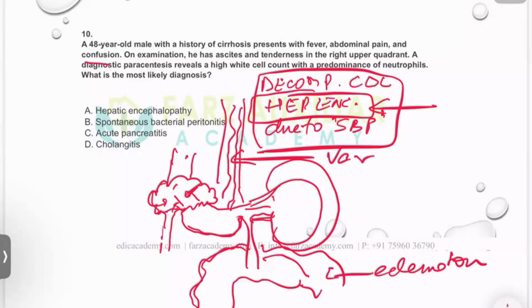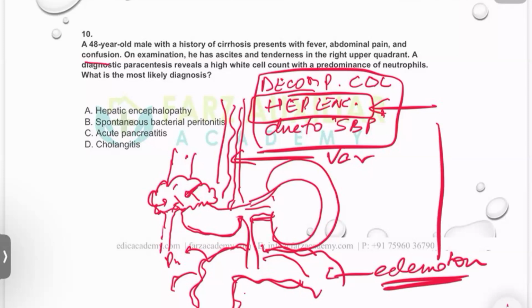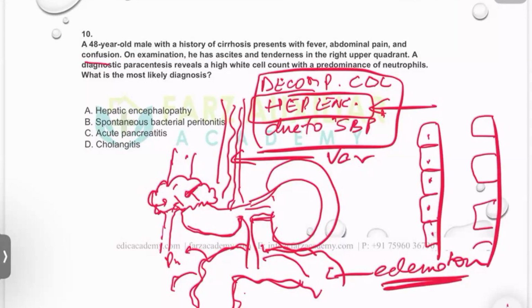This is why the oozing of protein happens. This is why the colon is always edematous, and we know this is the cellular basement membrane barrier. So when there is edema, this becomes like this. And what will happen is bacteria will translocate.